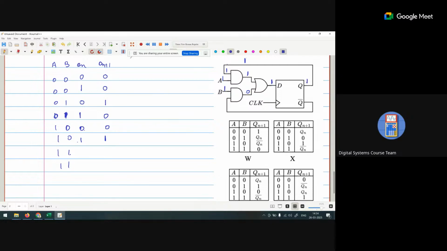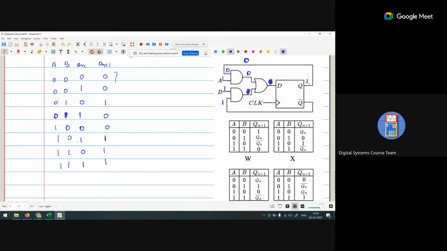If Qn is 0, so 0 here, 0 here, but this one is 1 and this one is 1. So this one is always a 1, this one is always a 1, and if this one is always 1, Q is 1. So either Qn is 0 or Qn is 1, we always get a 1.